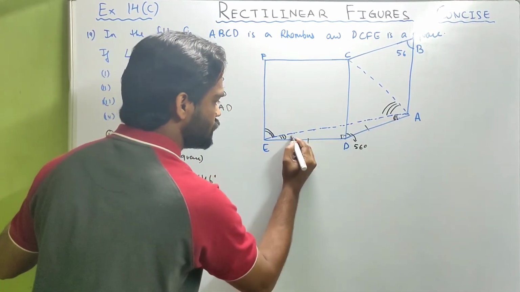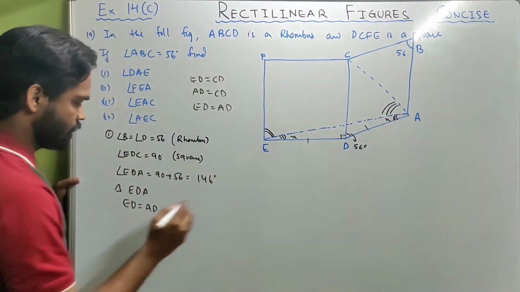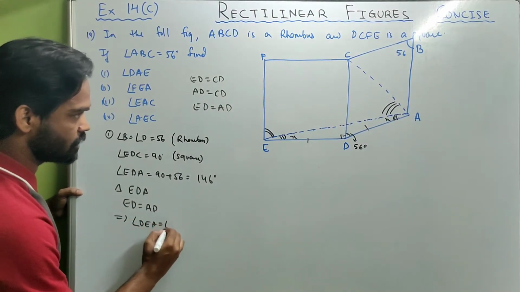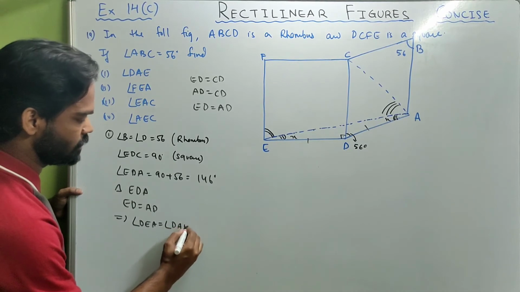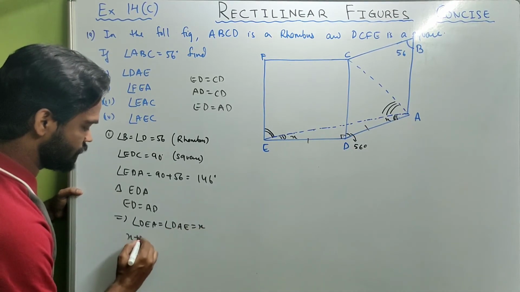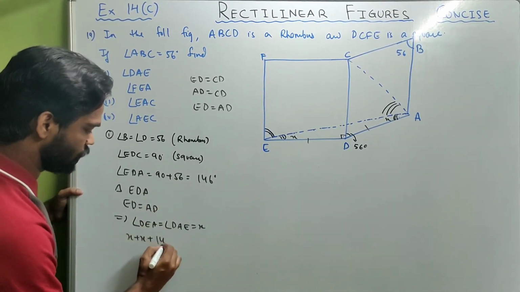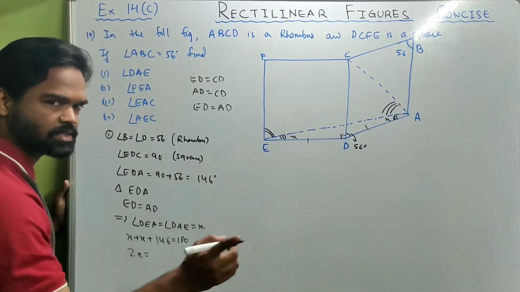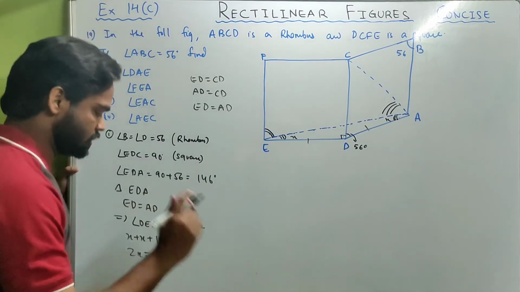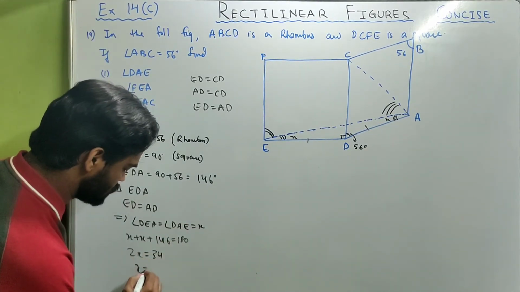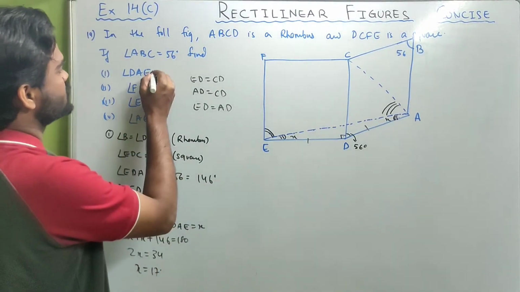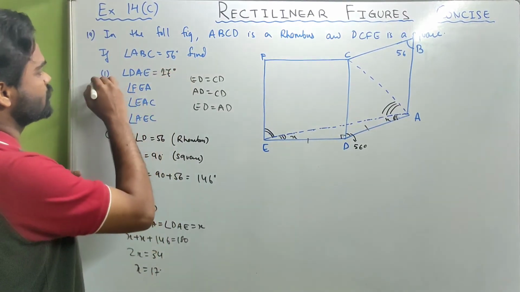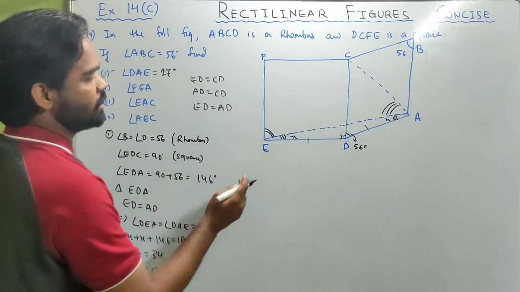If this is X, this is X. Angle DEA is equal to angle DAE is equal to X. So X plus X plus 146 equals 180. So 2X equals 180 minus 146, that's 34. So X equals 17 degrees, which means DAE is 17 degrees. Done the first part.